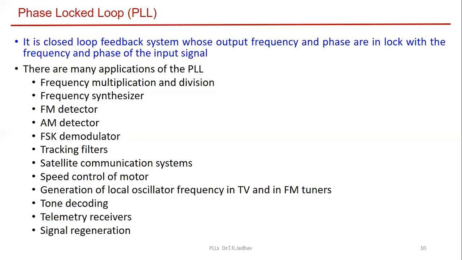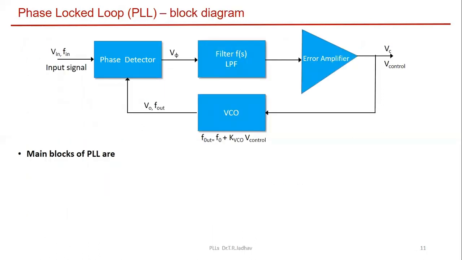So let us elaborate the concept of phase lock loop. Here you can see the block diagram of PLL. As you see, there are 4 blocks in PLL. The first block is phase detector, followed by low pass filter, then error amplifier.